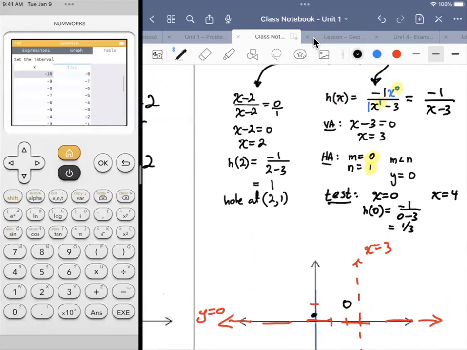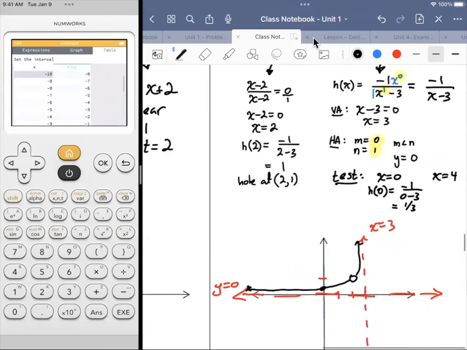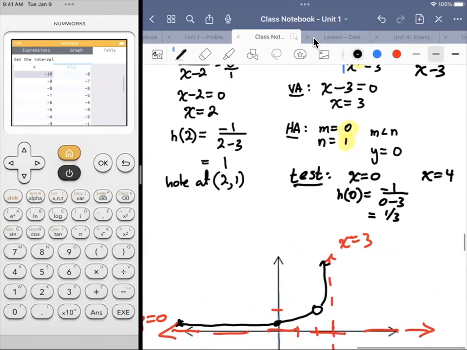So that puts a point right here, roughly. So now I can assume that I'm going through that. I got to pass by the hole and go on up to infinity. Now I just got to see what's happening east of the vertical asymptote. So I'm going to bring it in on this 4 here.